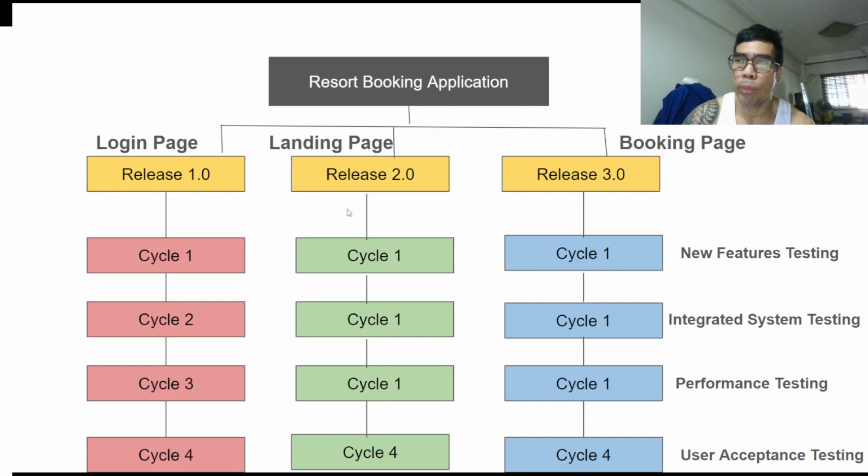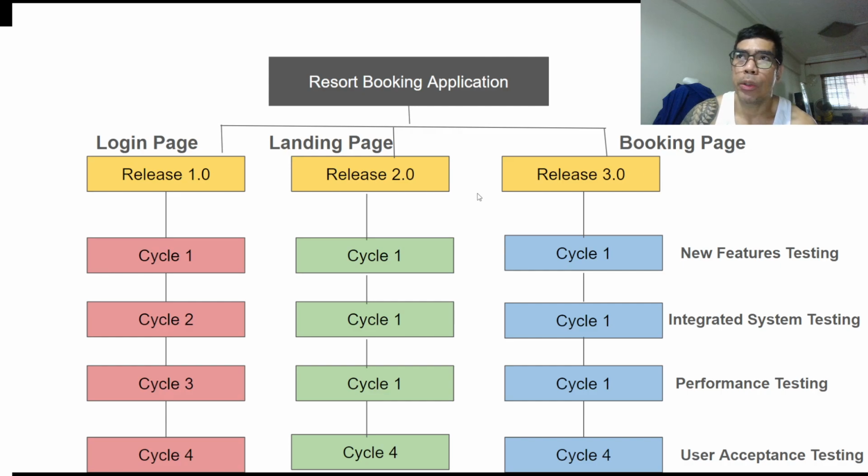Then release two for the landing page, which is the home page. The project lead will create a release with a target date also. Then the booking page, the actual key-in page where you key in the name, the dates you want to stay, and choose which room, etc.